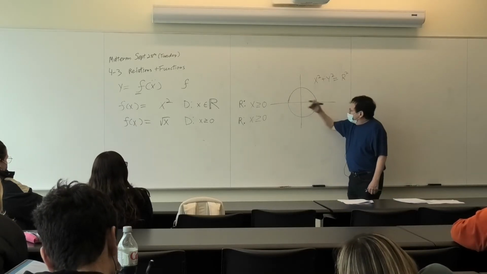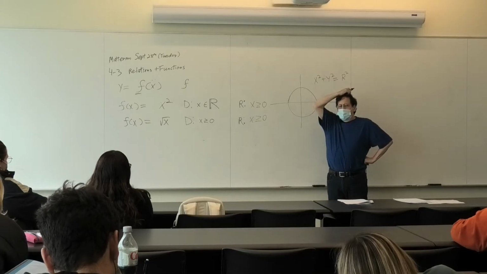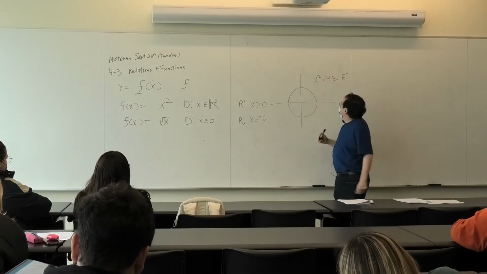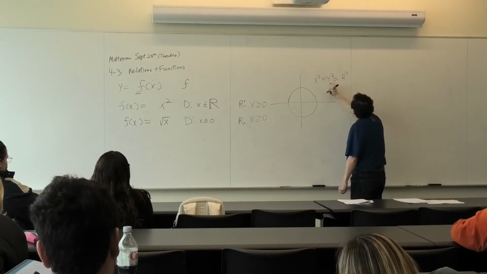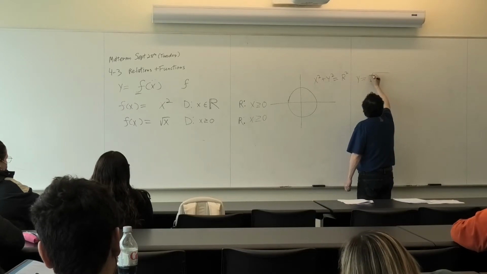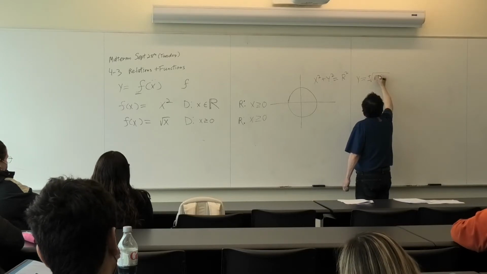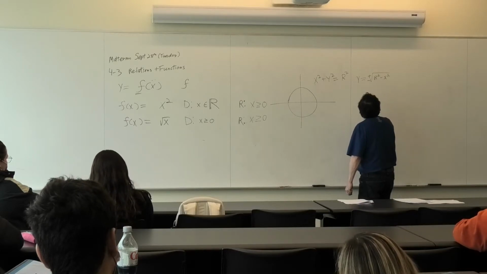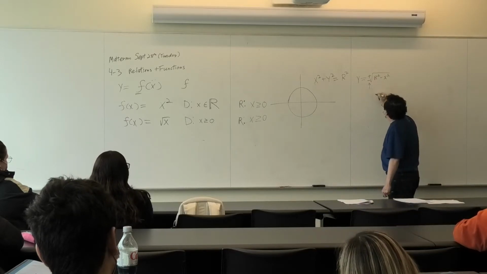So we look at this and we want to say, is this a function? Well, if I try and solve for y, y is equal to plus or minus the square root of r squared minus x squared. Plus or minus.